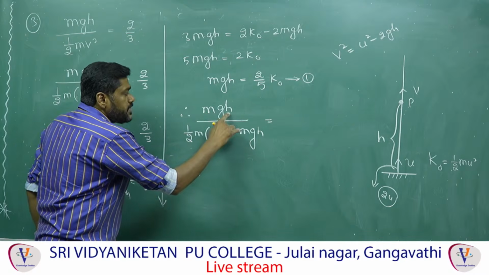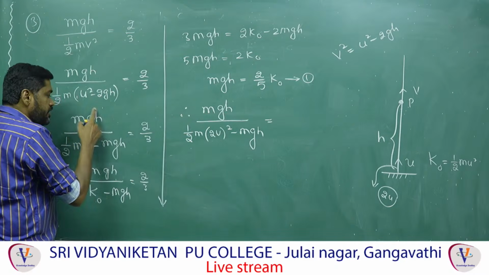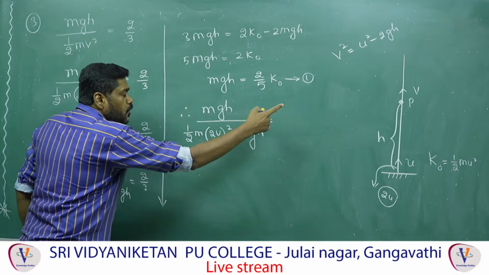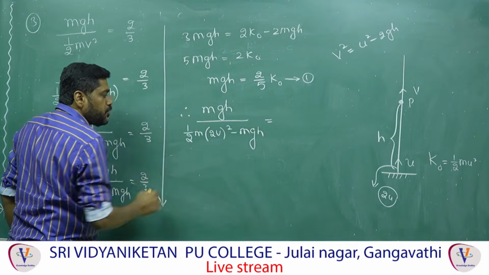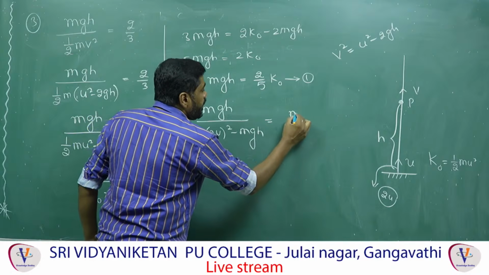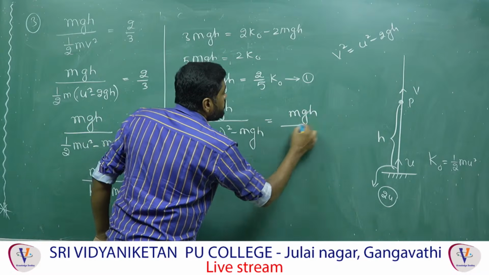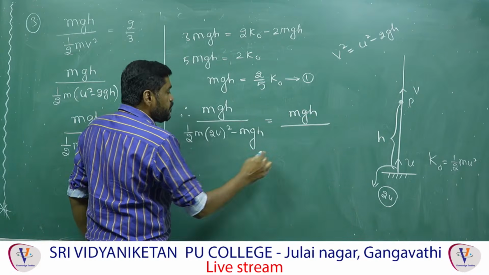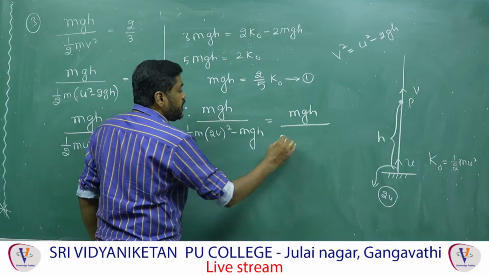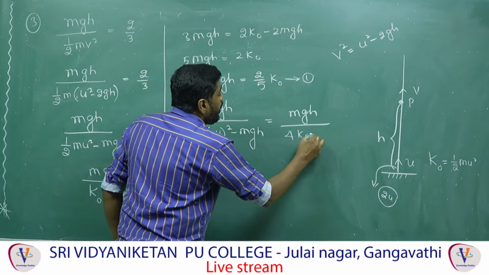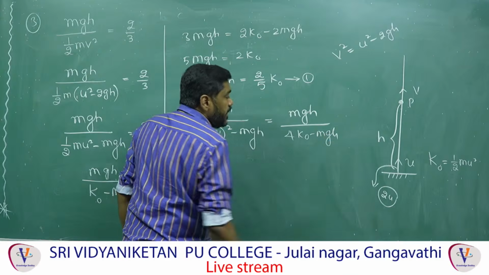The potential energy does not change. At this point the energy is mgh, and after becoming double also it is mgh only. After simplification, you get mgh by half mu square, then 2 square means 4 into k naught minus mgh.